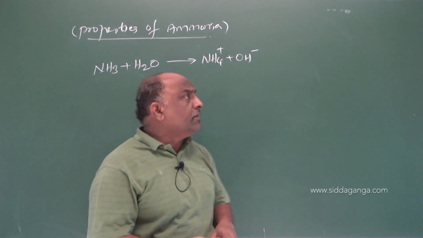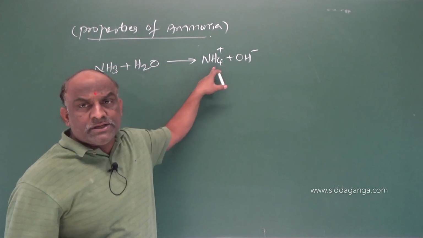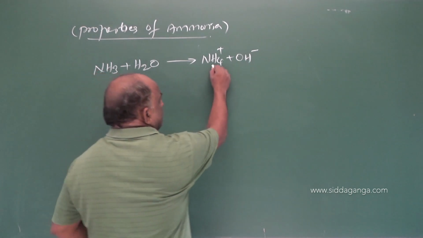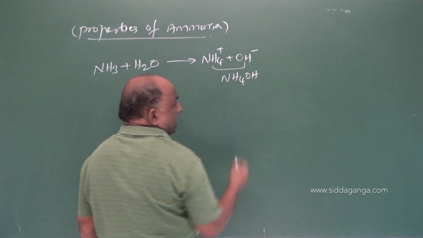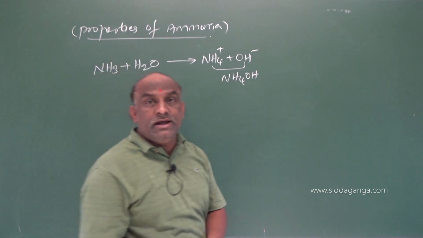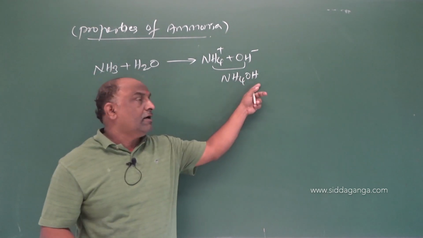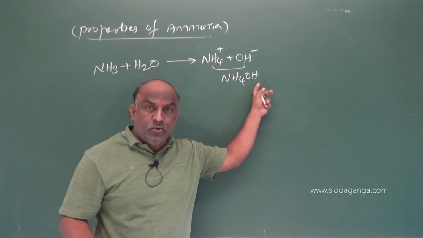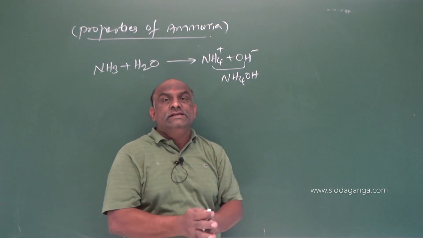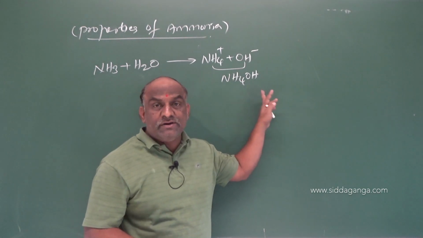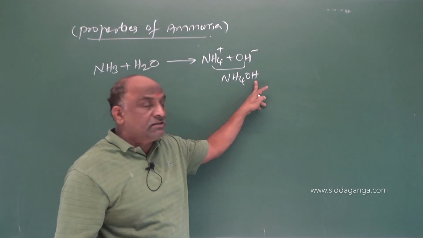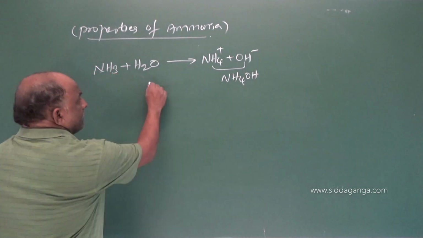When ammonia is dissolved in water, what will we get? NH4 plus OH minus. We should write this NH4 plus OH minus as NH4OH. NH4OH is called aqueous ammonia. From the examination point of view, if aqueous ammonia is given, you should write the formula as NH4OH only.